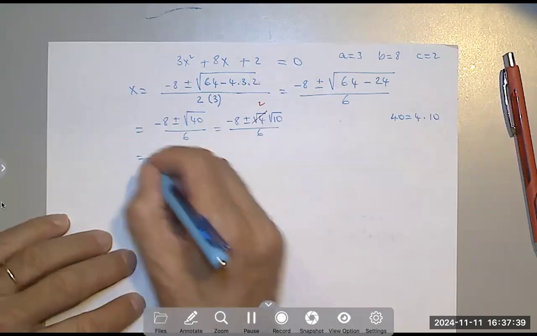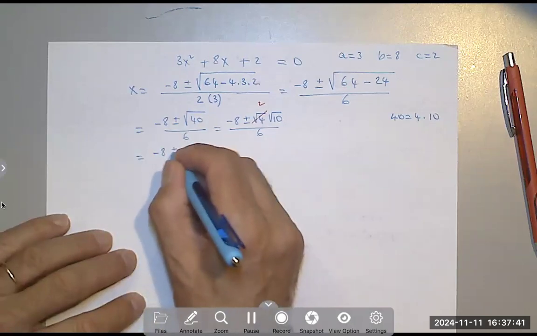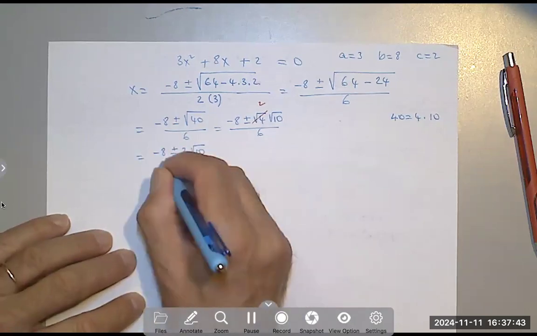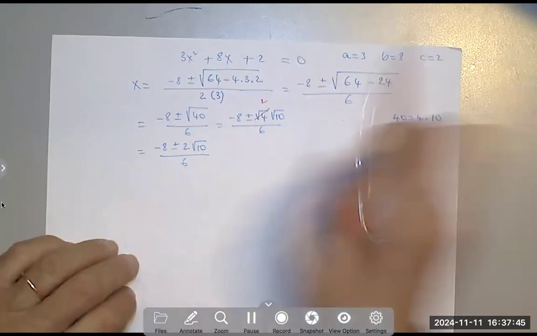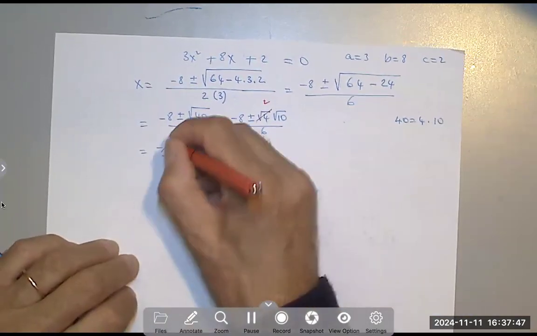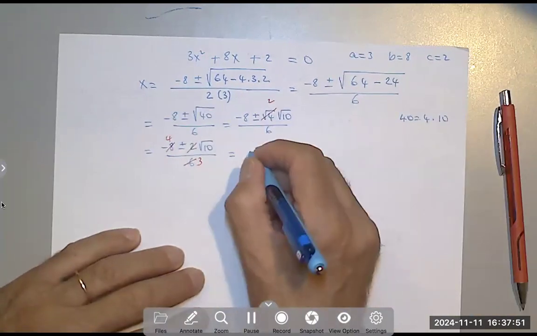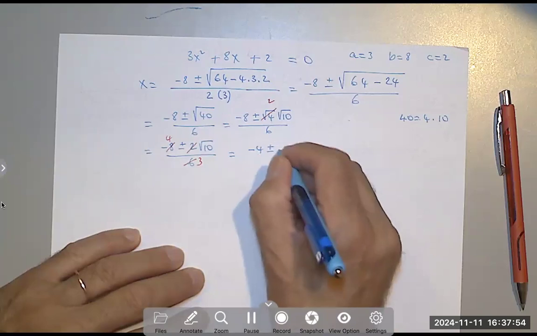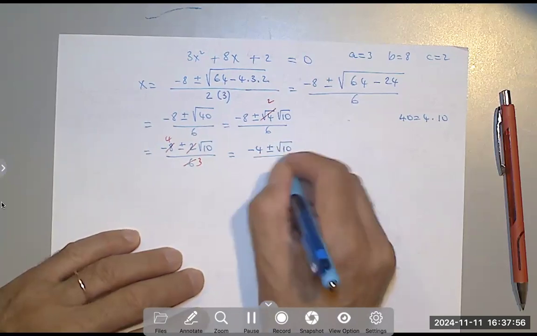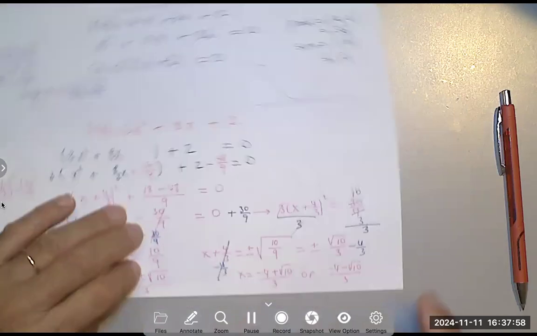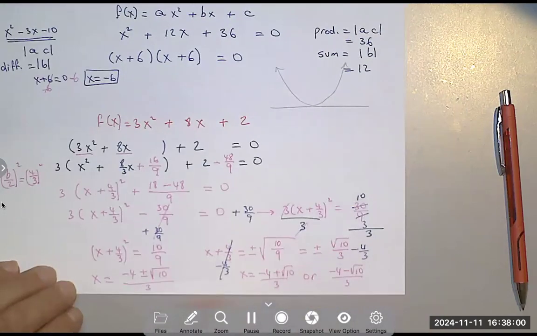So equals negative 8 plus or minus 2 root 10 over 6. You can simplify by 2, by 2, by 2. And sure enough, like before, you get negative 4 plus or minus root 10 over 3.